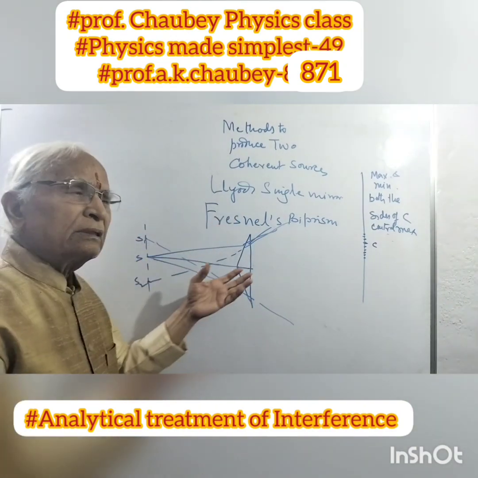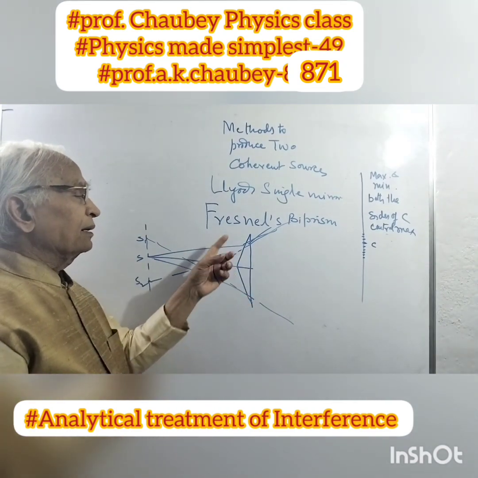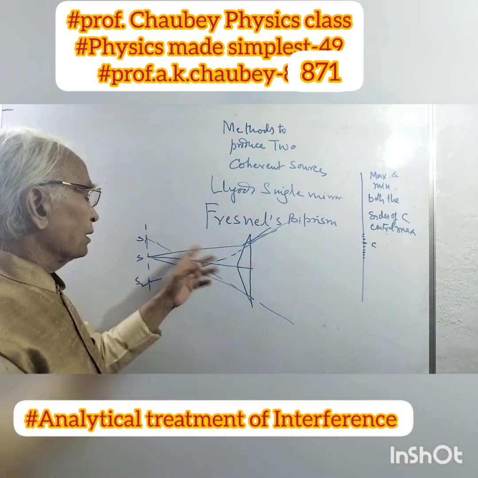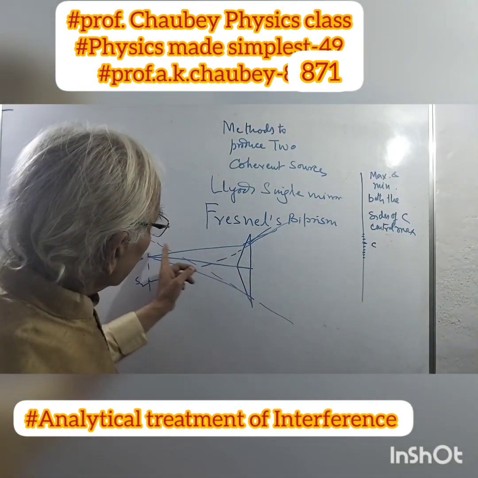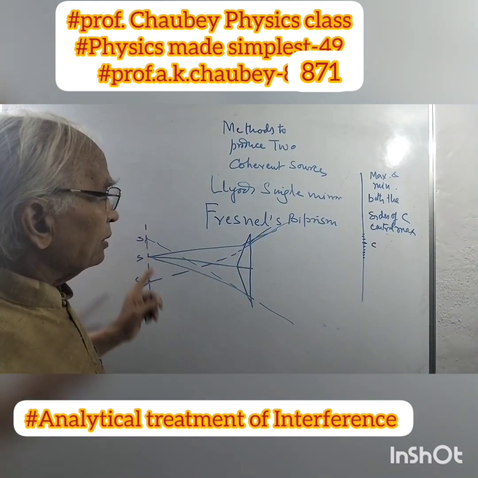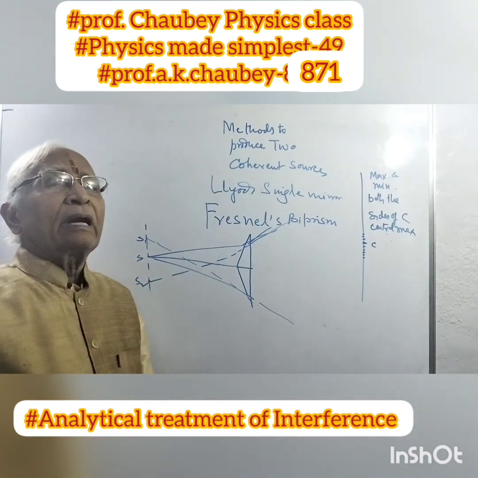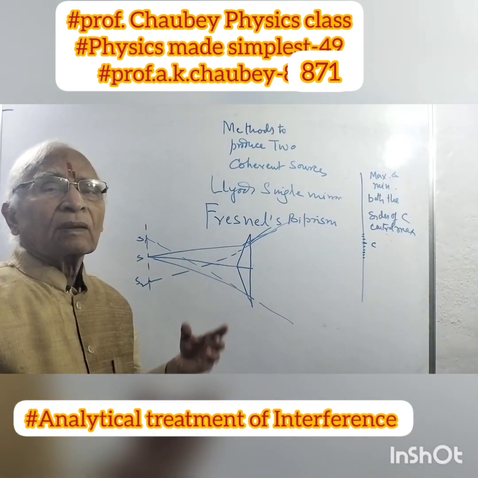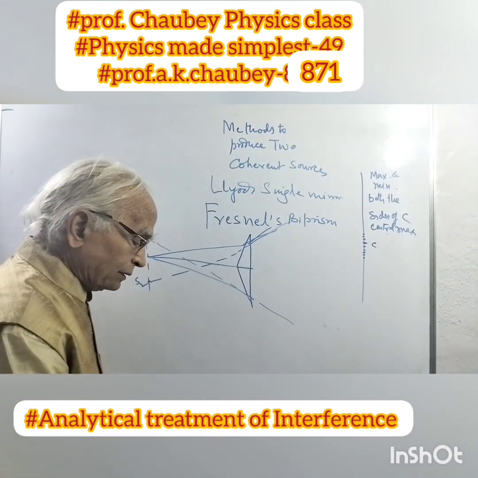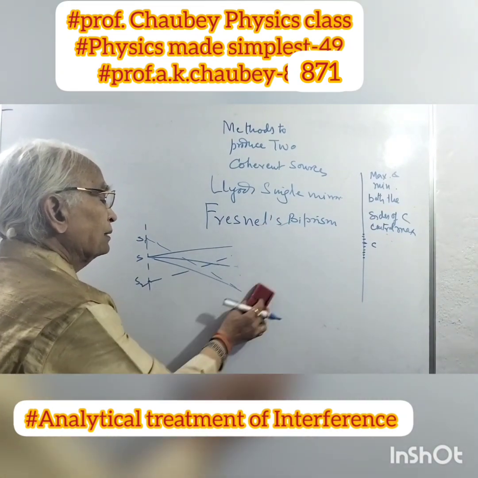This biprism is called Fresnel's biprism because Fresnel designed it with the base-to-base joint, so the light going from here appears to be coming from this, and this light appears to be coming from this. So one source is converted into two sources. This is a method of getting two coherent sources. Otherwise, the analytical treatment done in the Young's slit experiment is the same.